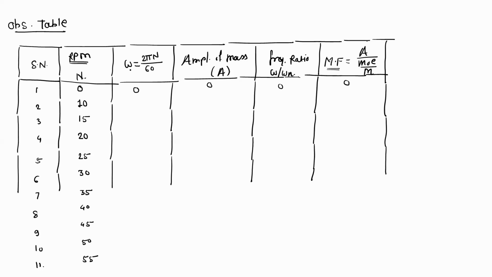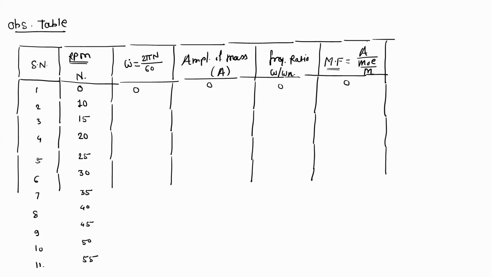Now just find out the corresponding value of omega. Okay. So you can find out this by using this formula 2 pi N by 60 and just put this value here. So this value is 0. So omega will be 0. At 10, put the value and find out the omega.